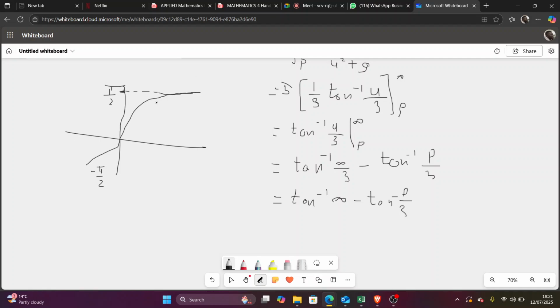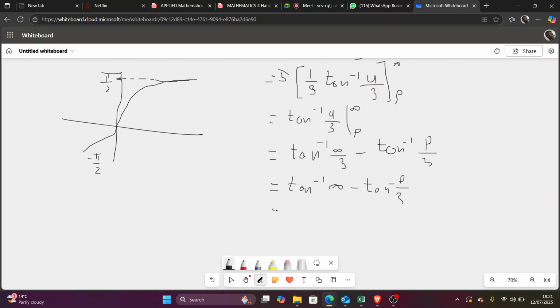That's the reason in your solution, if you ever face this, they say that tan inverse of infinity is simply equal to pi over 2. Why? Because the curve of tan inverse always lies close to pi over 2. It goes toward pi over 2. That's why they say this is equal to pi over 2.